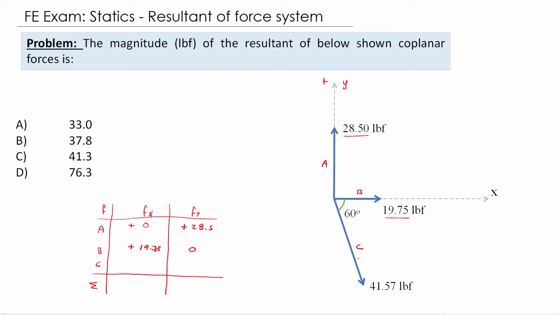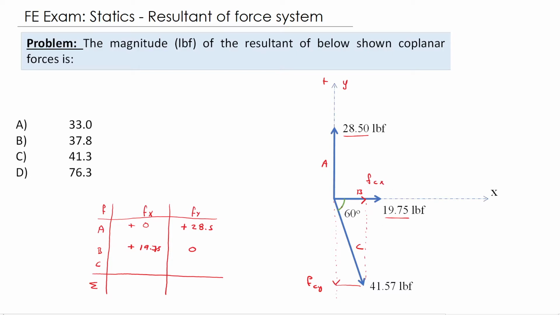For force C, it's coming with an angle. That means we need to have two projections, one in the x direction, one in the y direction. So we have f of cy and we have f of cx.